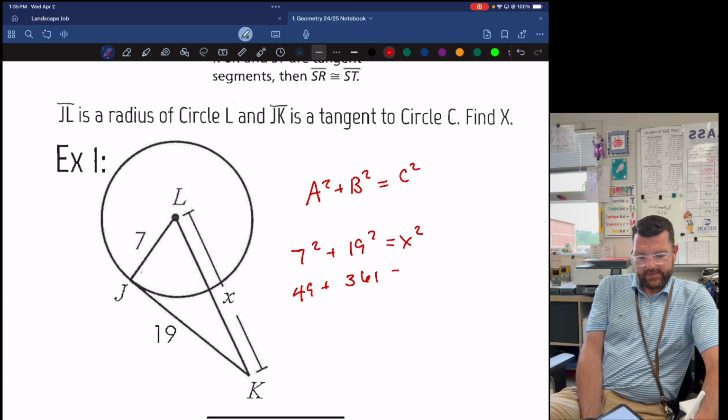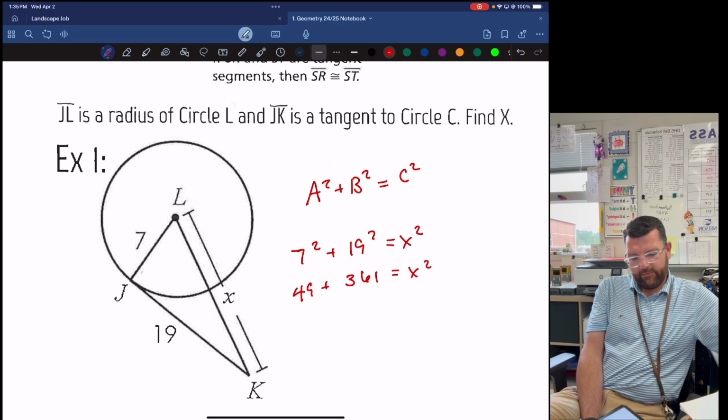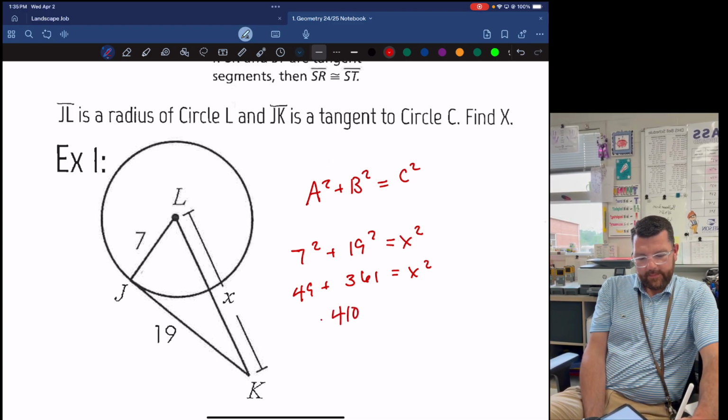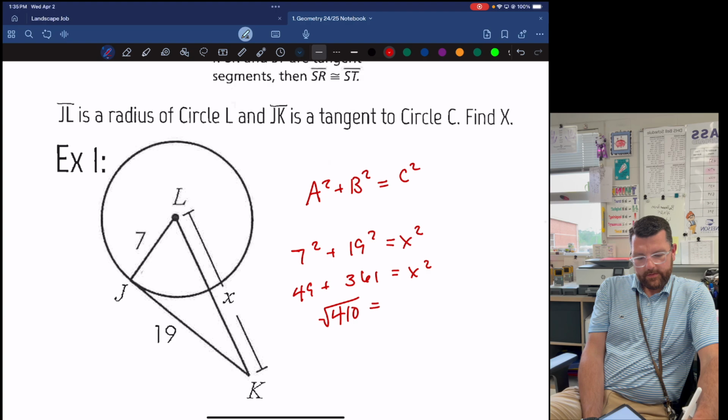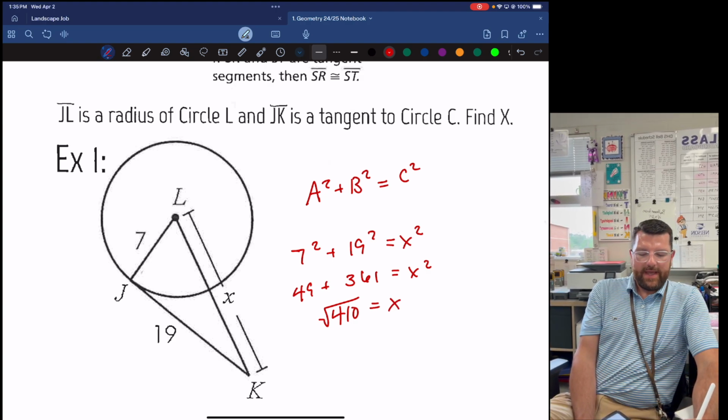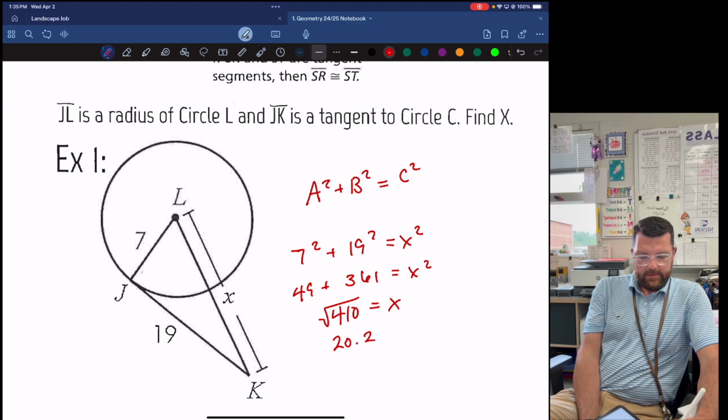Get your stuff right. 361 equals X squared. 49 and 361 added together is 410. And the square root of 410 is equal to X, which is 20.2 equals X.